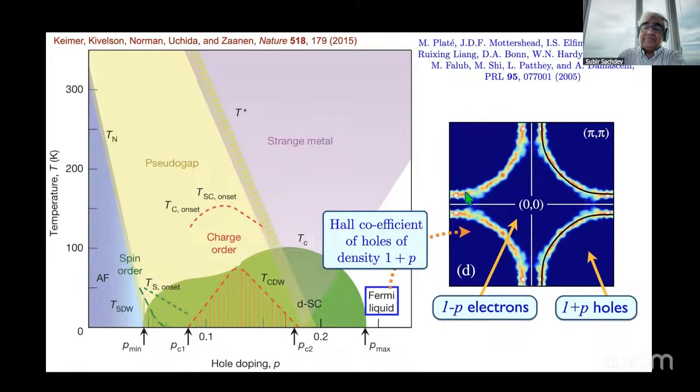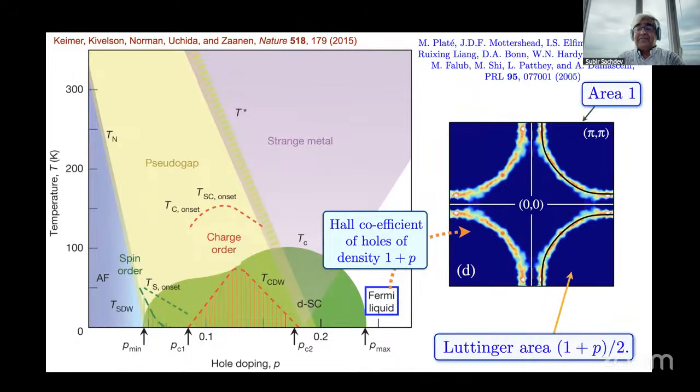So this is measured in photo emission, and what you see is that it's a simple circle that encloses the holes, and that's why the Hall coefficient is positive, of holes 1 plus p. Furthermore, the important Luttinger theorem is very well obeyed.